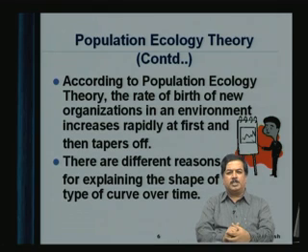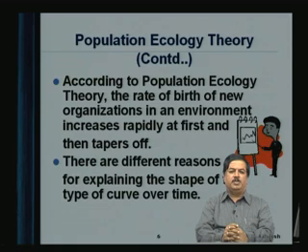According to the population ecology theory, the rate of birth of new organizations in an environment increases rapidly at first. That means you will see mushrooming, but then it tapers off, and there are different reasons for explaining the shape of the curve over a period of time.